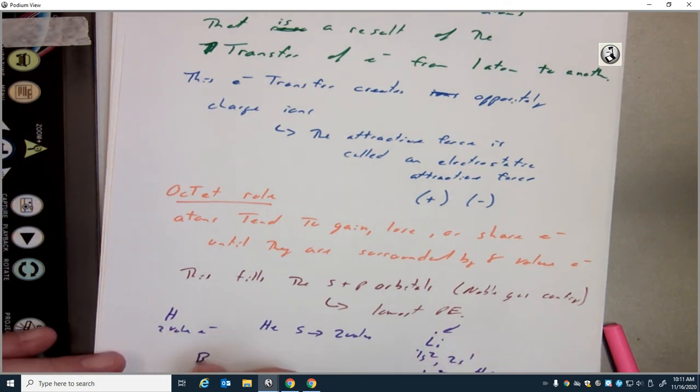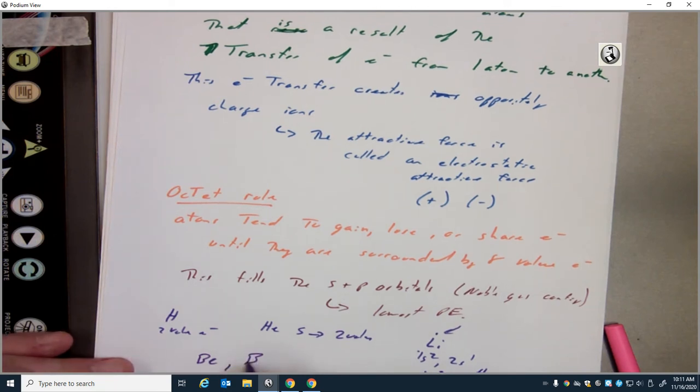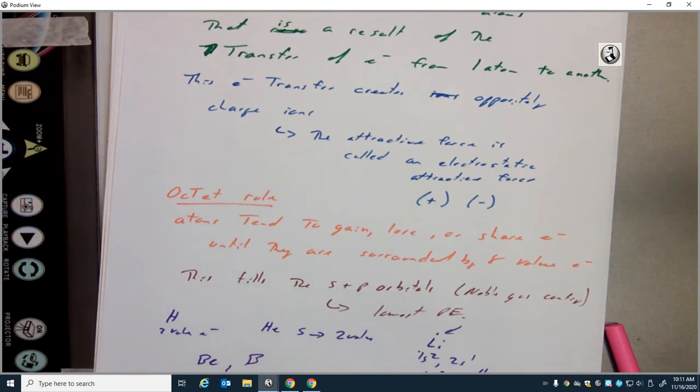Beryllium is another one that only wants 2. Sometimes boron only wants 2. All right, so there are a few atoms that only want 2 valence electrons. All the rest want 8. They want the full s and p orbitals. And the reason these guys only want 2 is because in that first PEL, there is only an s orbital to hold 2 electrons.